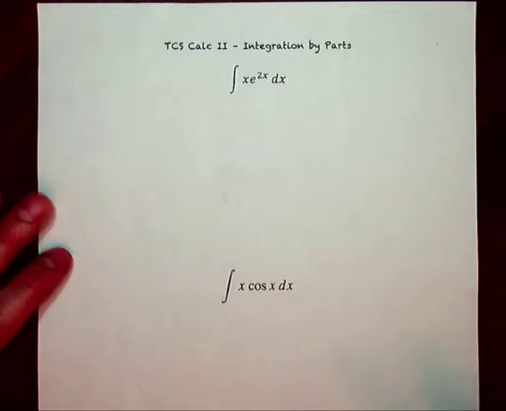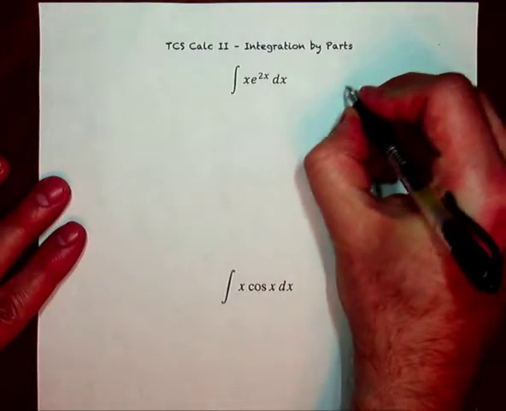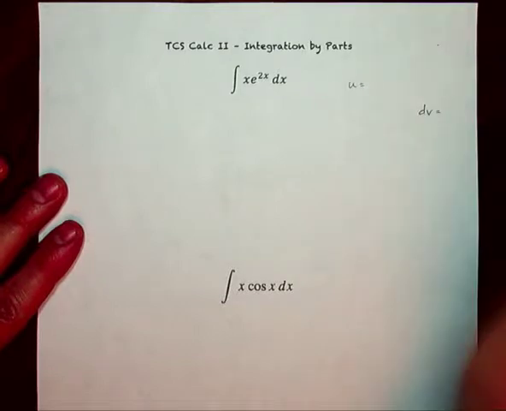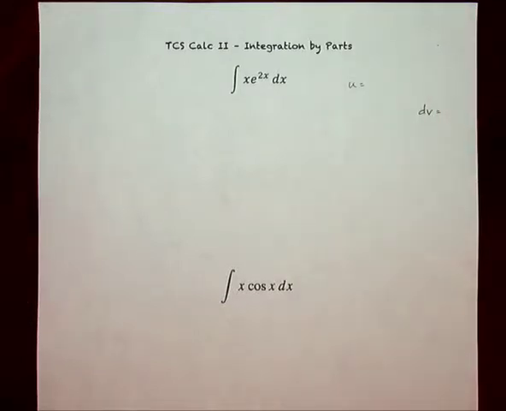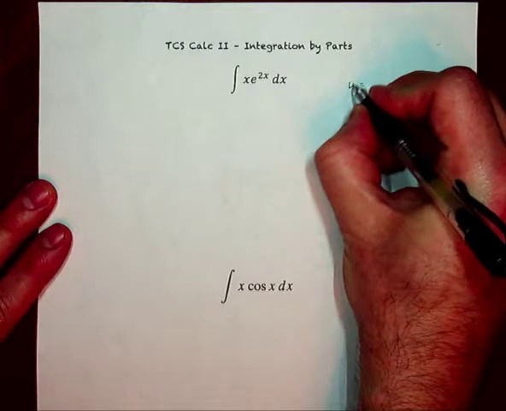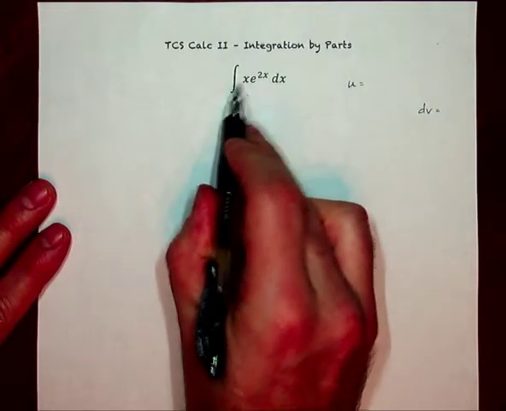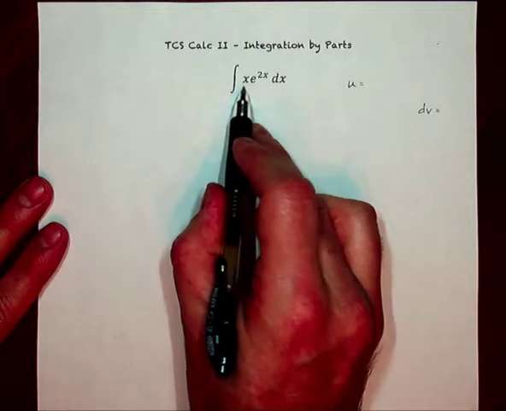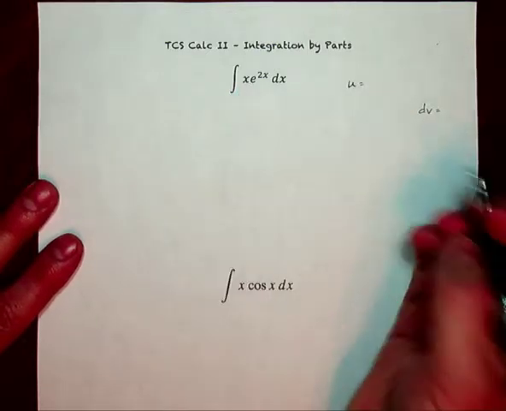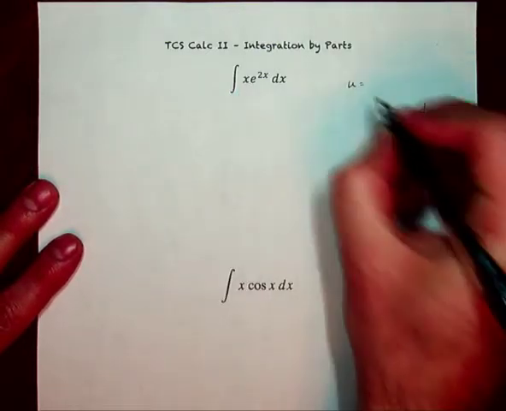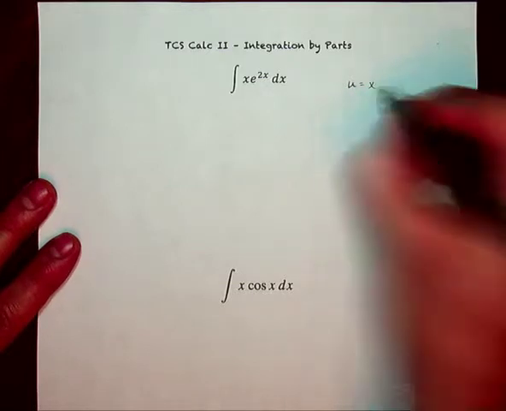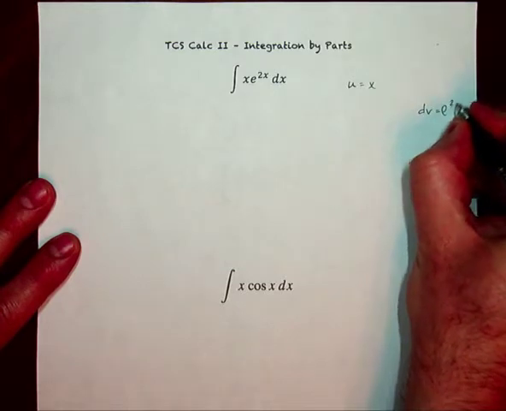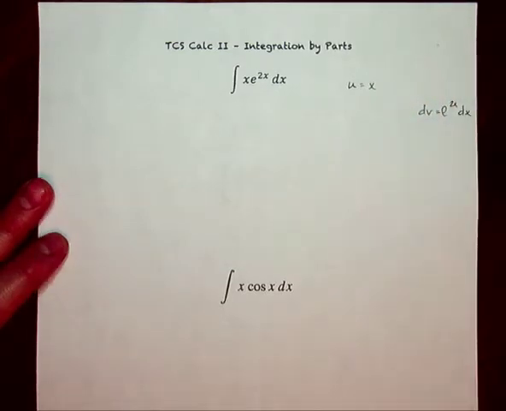Now, I need to find a u and I need to find a dv. Now, the u is usually, especially when you have something like this that is a polynomial factor, it's usually going to be that right there, okay? And so basically let's go ahead and designate u as x. And then let's designate e to the 2x dx as my dv.